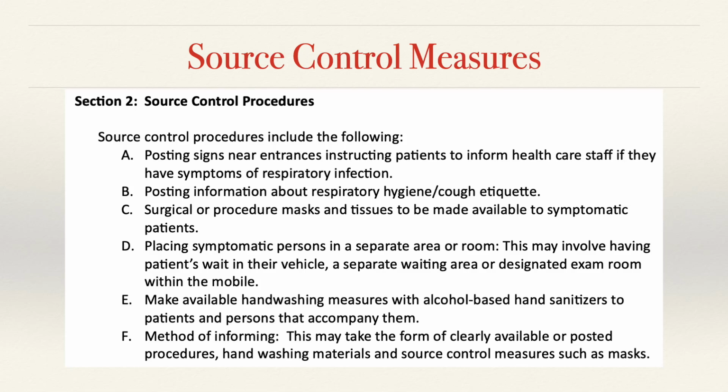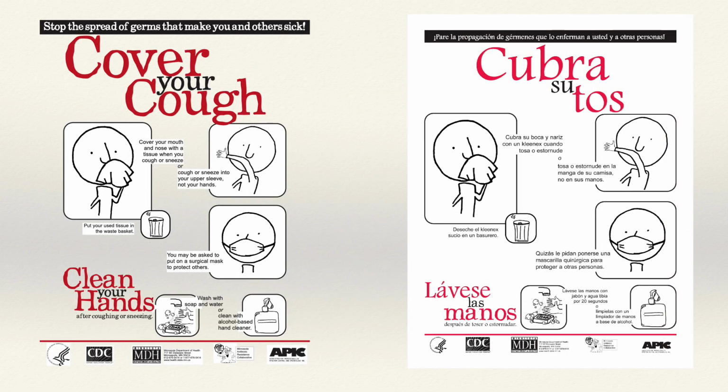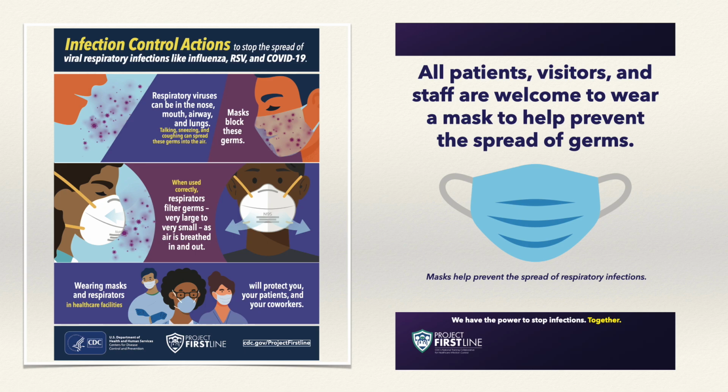So the ATD standard requires source control measures. So verbatim from our policy, section 2, under source control procedures is the following. Source control procedures include the following: posting signs near entrances instructing patients to inform healthcare staff if they have symptoms of respiratory infection, posting information about respiratory hygiene, cough etiquette, surgical or procedure masks and tissues to be made available to symptomatic patients, placing symptomatic persons in a separate area or room.